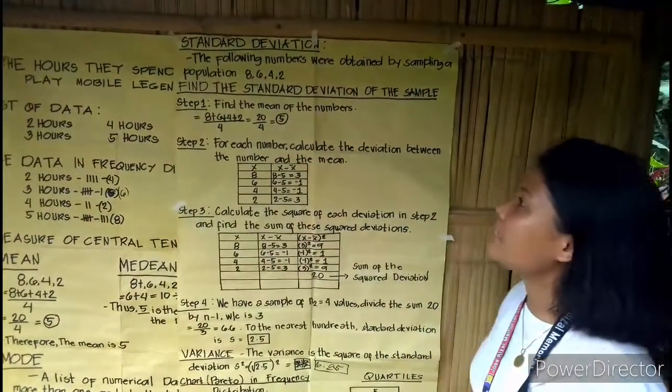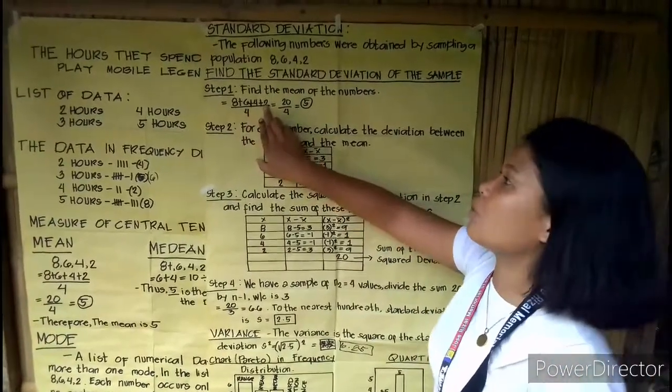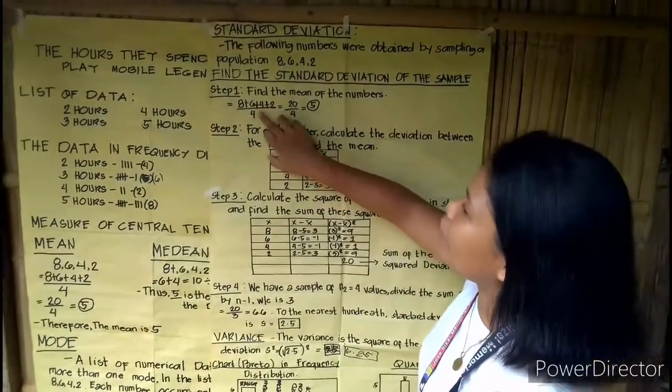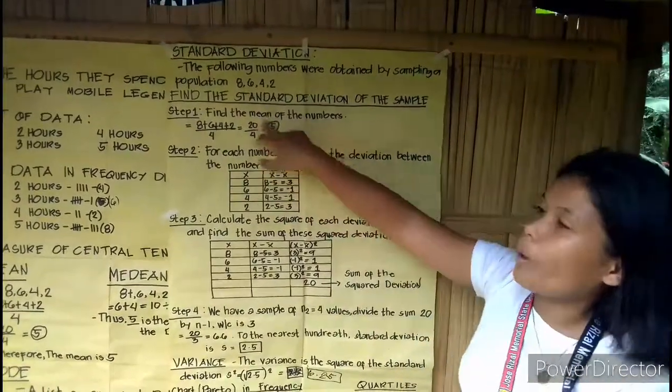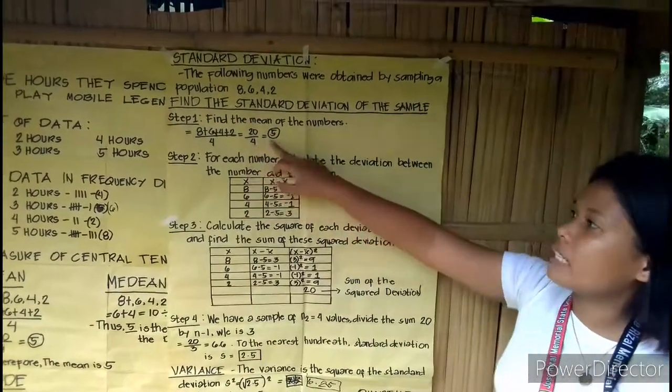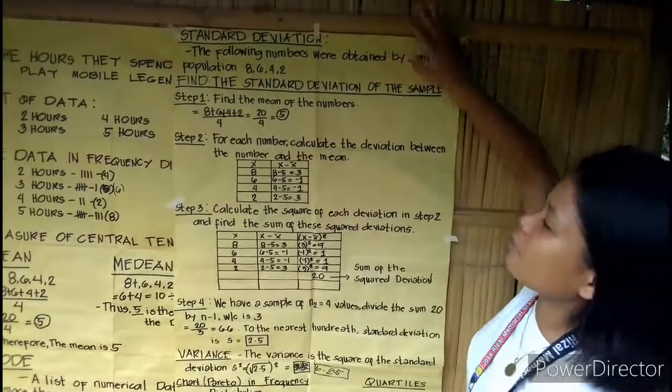Step 1. Find the mean of the numbers. 8 plus 6 plus 4 plus 2 is equal to 20 over 4 since there are 4 values only. So, 20 divided by 4 is equal to 5. That means our mean is 5.